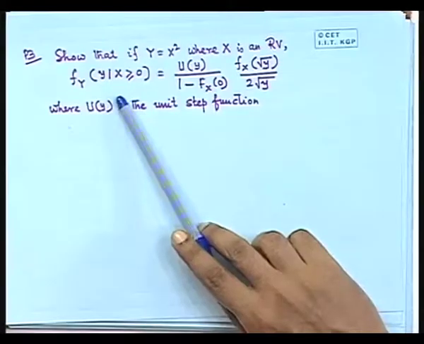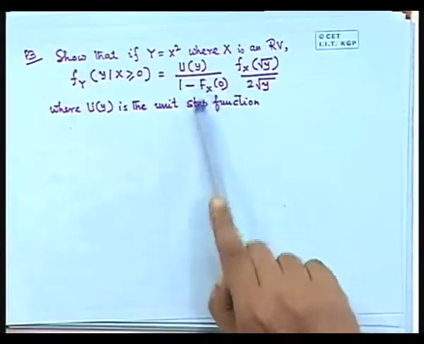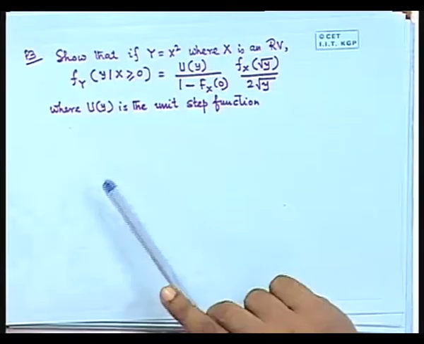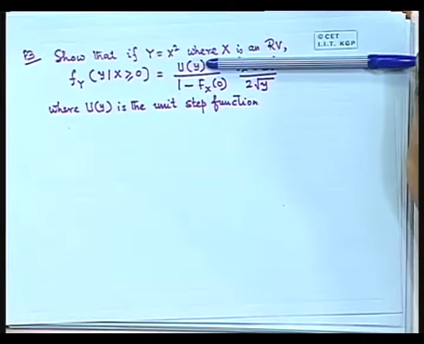So, how do you do this? There are certain things that you have to note. First of all, let us see some parts whether we can recognize them, why they have come. Firstly, why has this u(y) come? Why should this unit step function be there?